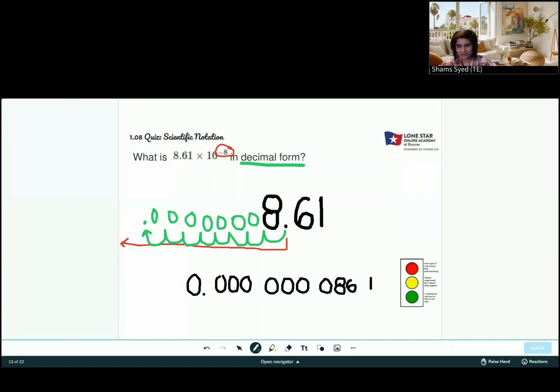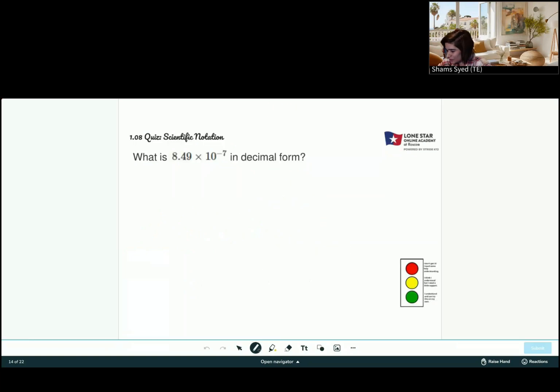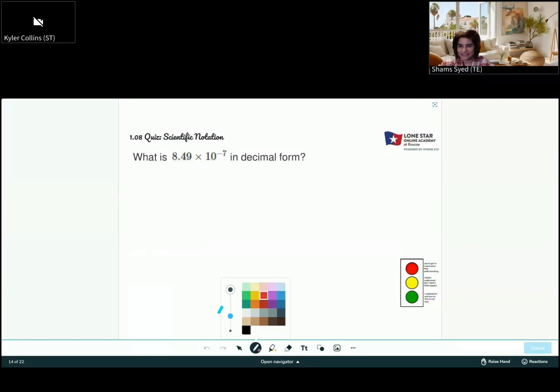Okay. Question 3, another variety is right over here. This time, the exponent is -7. Let's do that. 8.49.